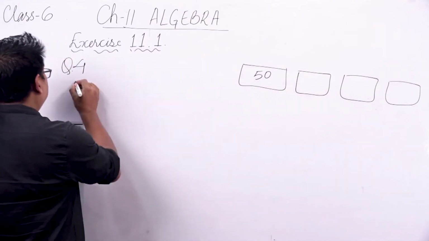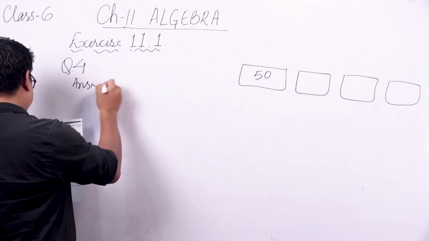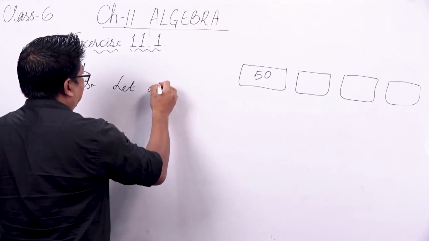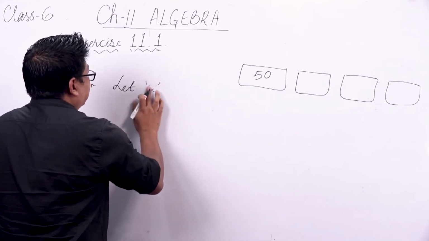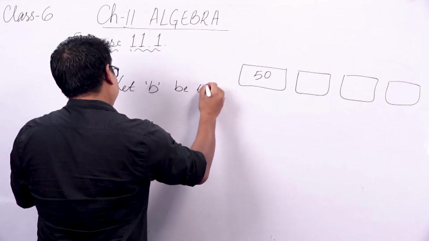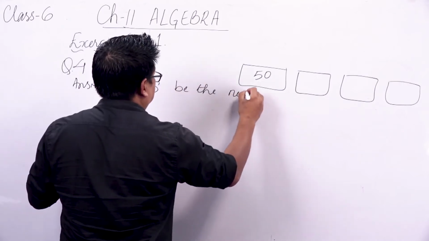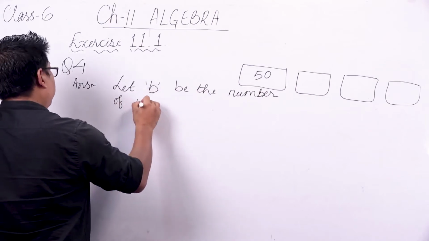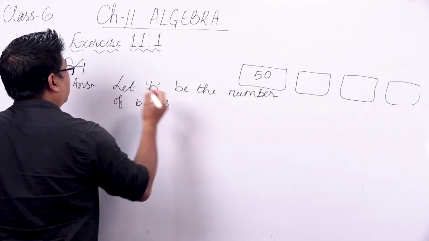Okay, so first we'll write down like this. Let's use B for box. Let B be the number of boxes, right?